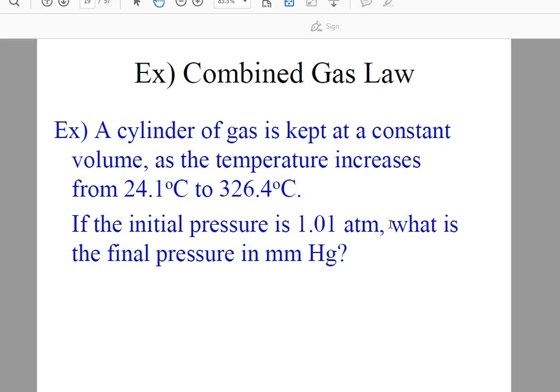Okay, so here we go with some practice problems. Take a second and grab a calculator if you don't have one.